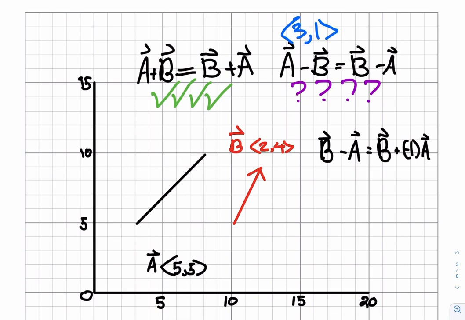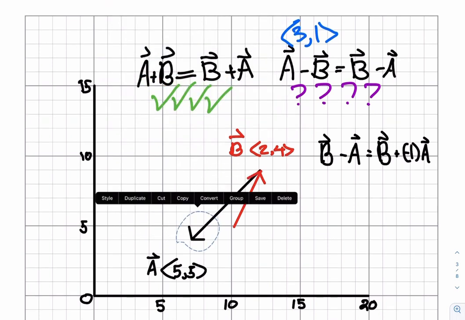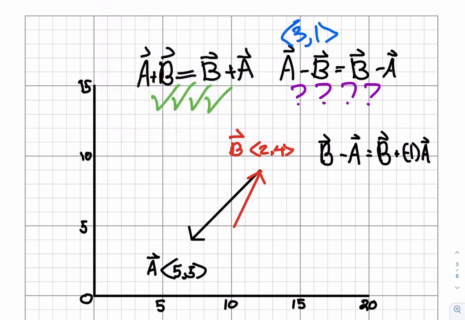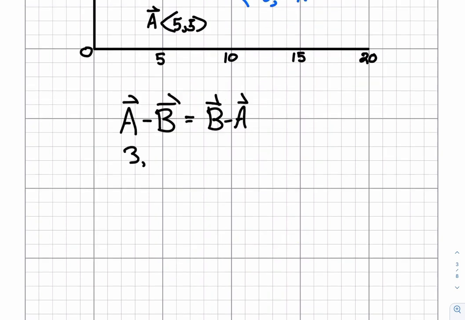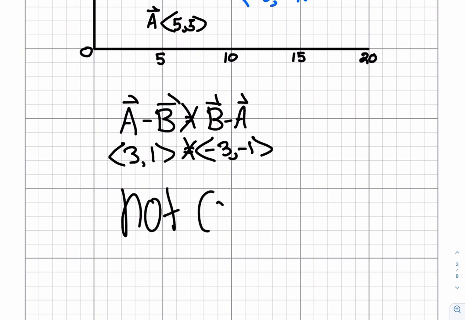We will reverse the direction of a, use tip to tail, and our resultant vector is -3, -1. Since a minus b is 3, 1, and b minus a is -3, -1, vector subtraction is not commutative, since these two resultants are different vectors.